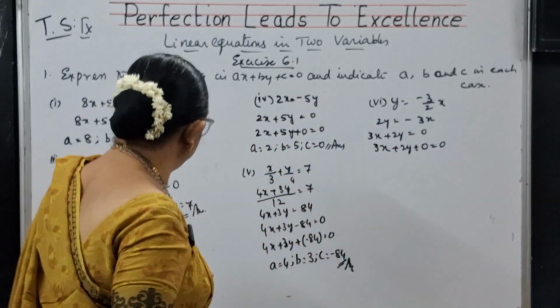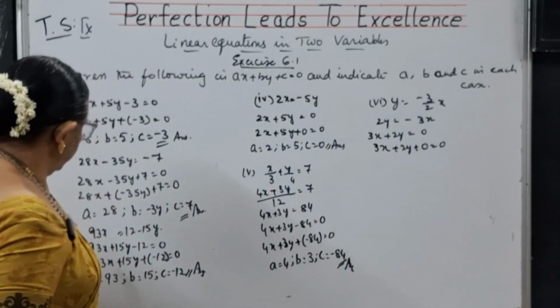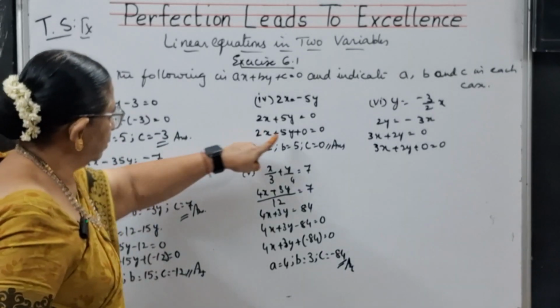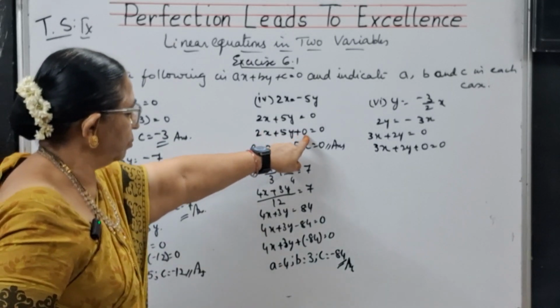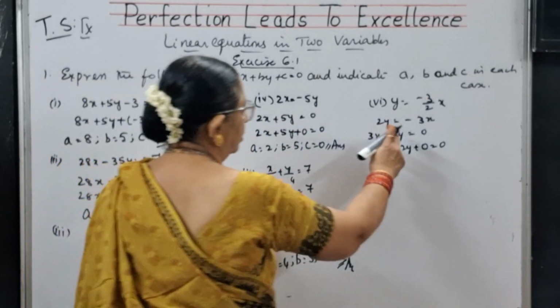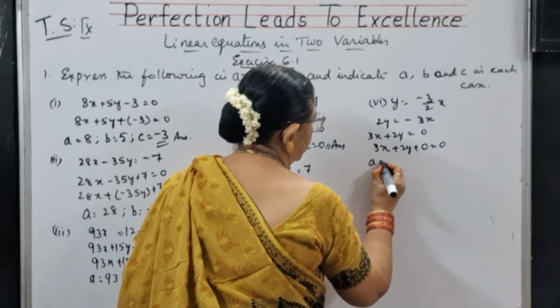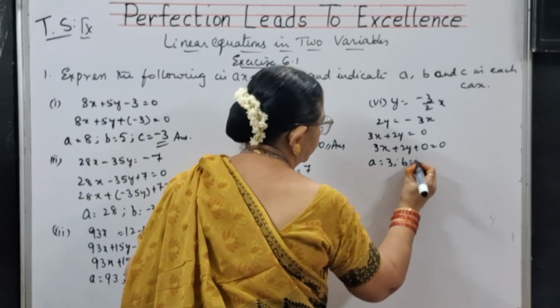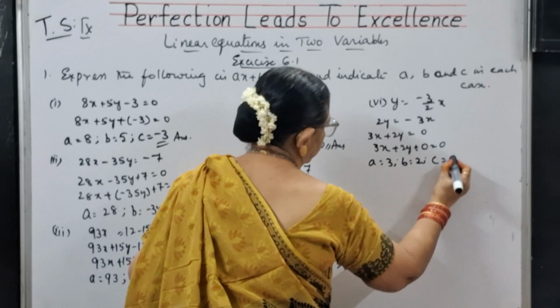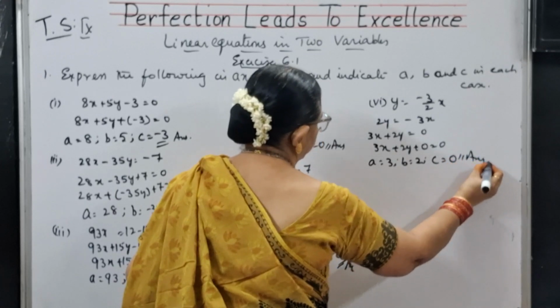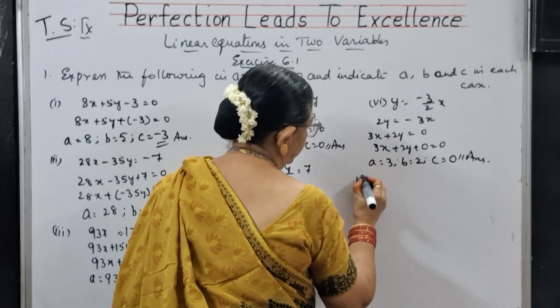As we have done before, here we have come to 0 because there is no c. Here also there is no c, 0. So a is equal to 3, b is equal to 2, c is equal to 0. These are the answers for this bit, children.